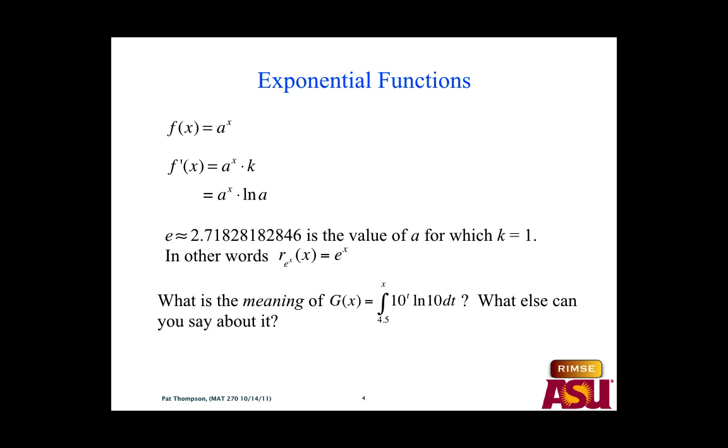So stepping back a second from doing rates of change and going back to accumulation, looking at this integral, g of x equals the integral from 4.5 to x of 10 to the t times natural log of 10 times dt. So we want to know what's the meaning of that and what else we can say.